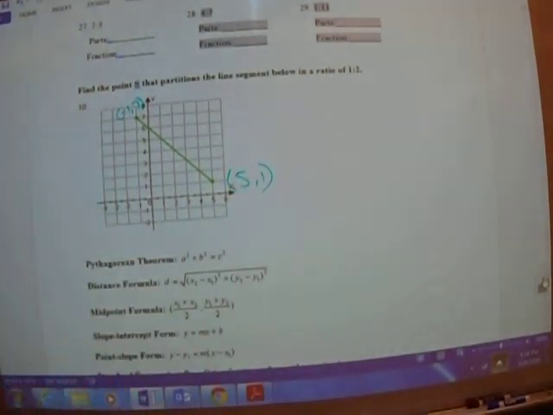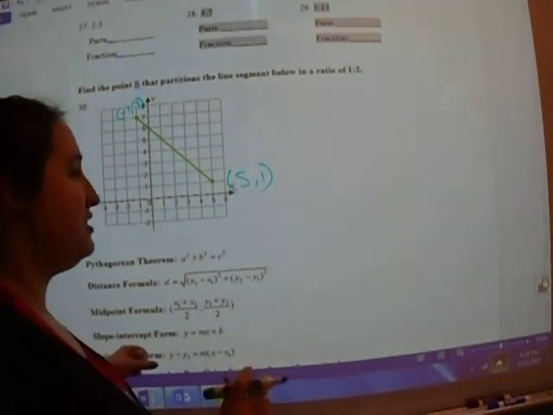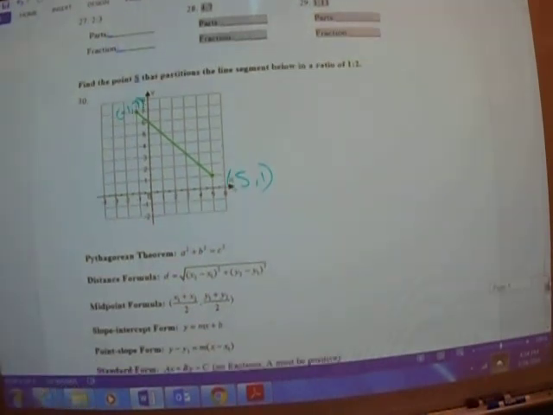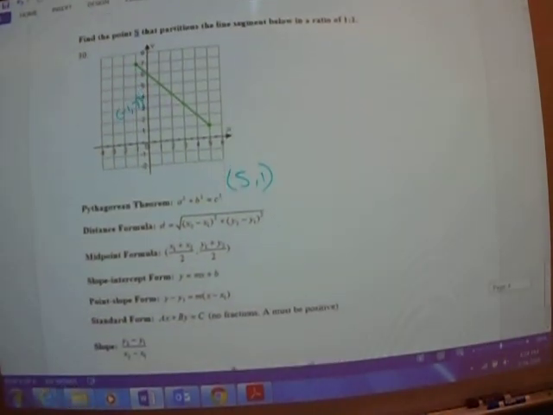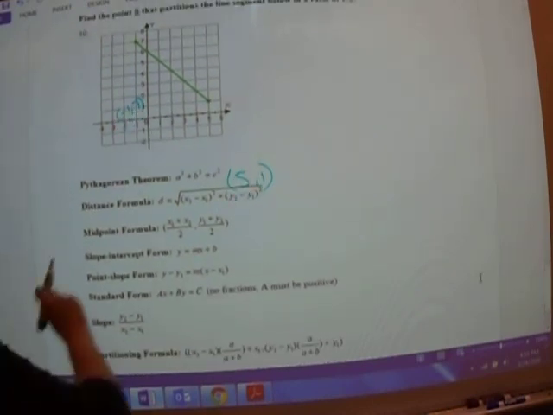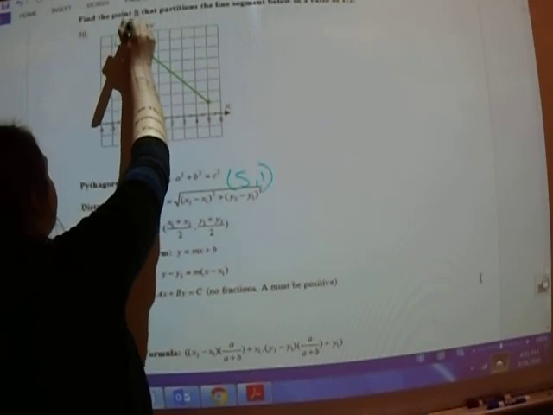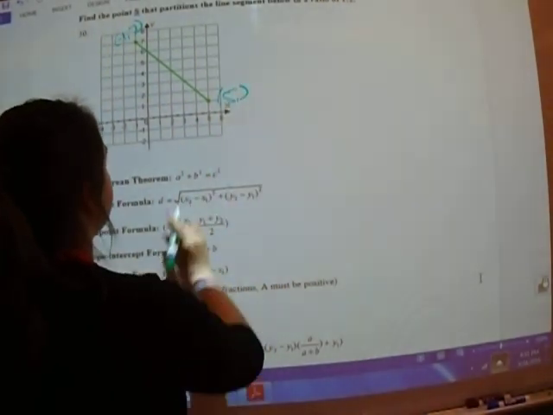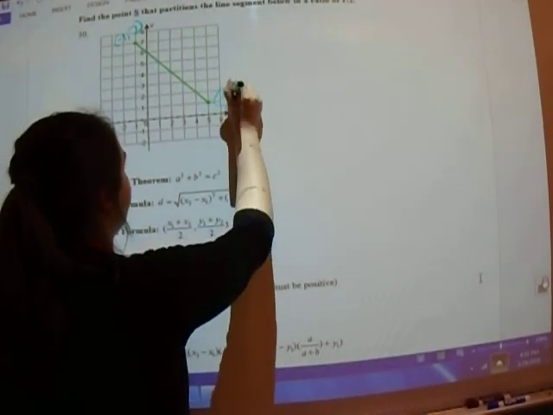All right. So we're going to use our partitioning formula, and for those of you who want to see it, I'm just going to bring it down, there we go. Sorry, -1, 7, yes, these are all your formulas. 5, 1.